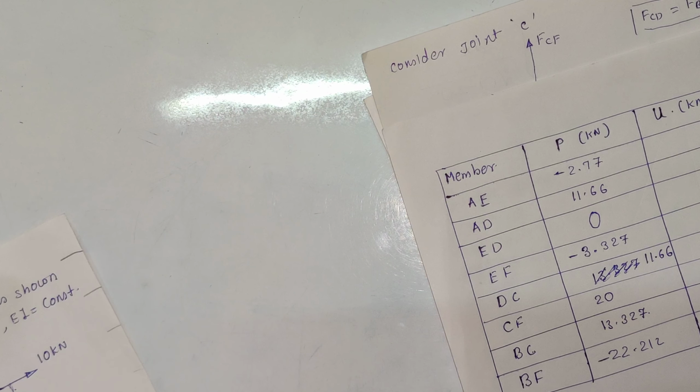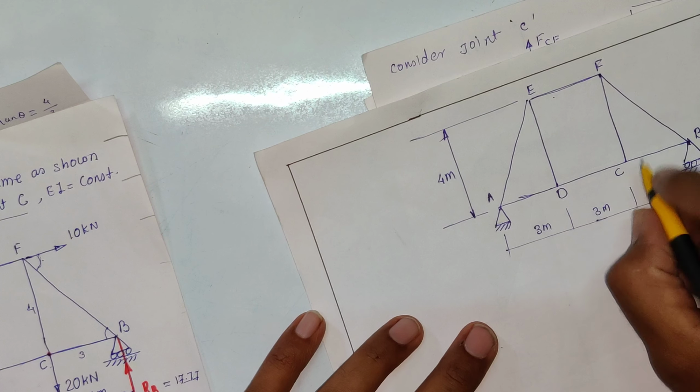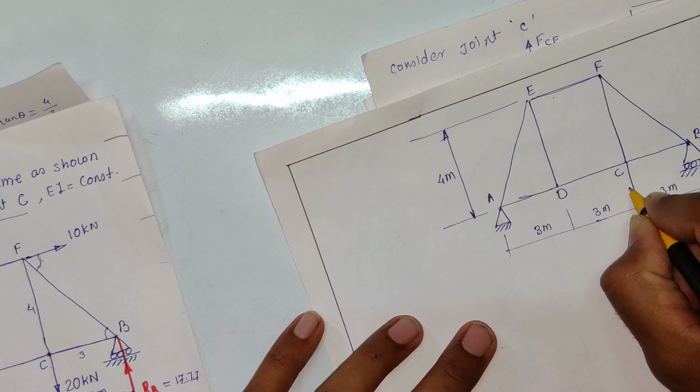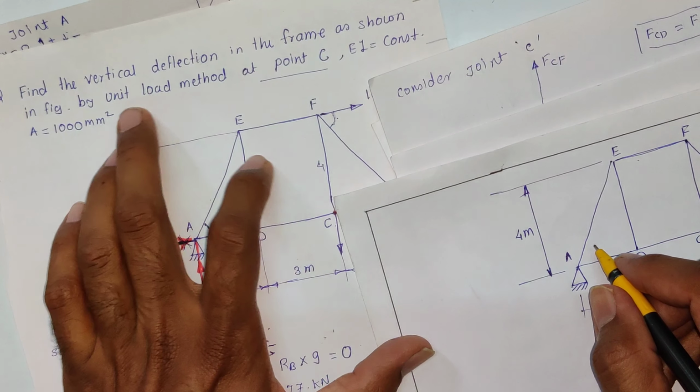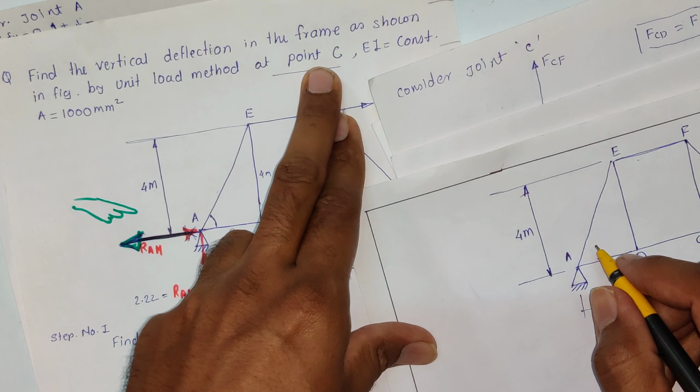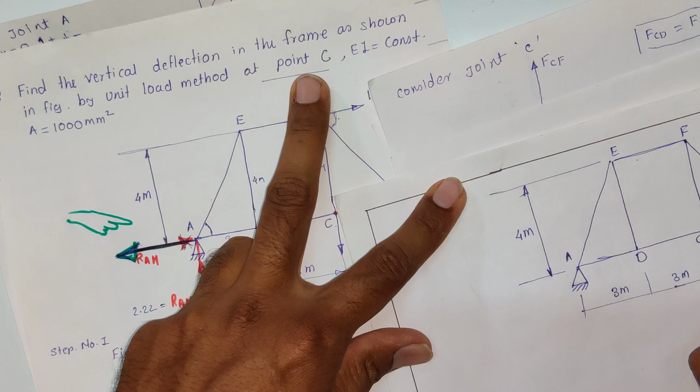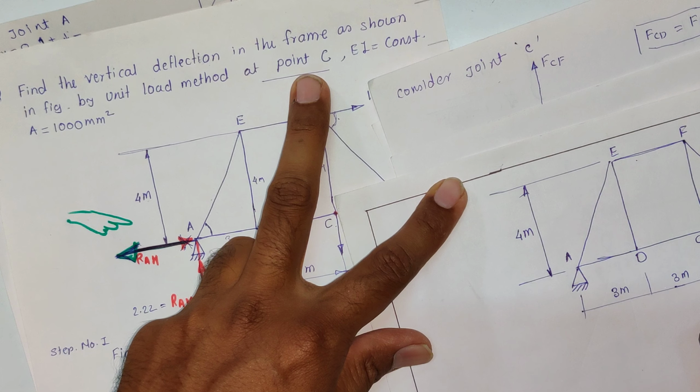So now we will calculate the value of U by considering unit load at point C. Why point C? Because in the question they are asking to calculate deflection at point C. तो इसलिए हम यूनिट लोड इन द सेंस 1 किलोन्यूटन हम एज्यूम करेंगे जॉइंट C के ऊपर.